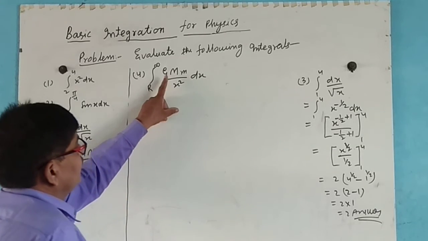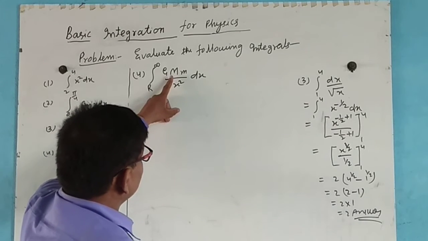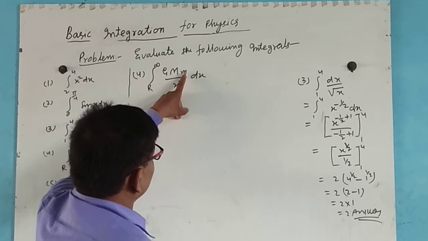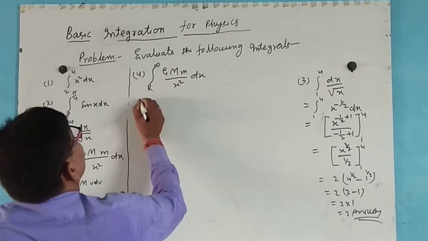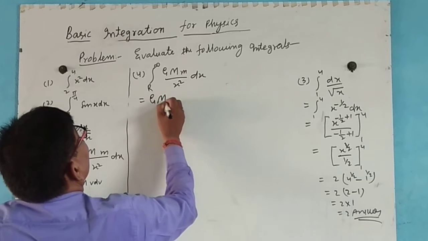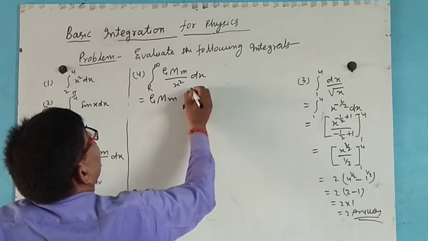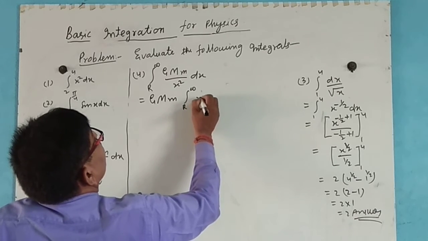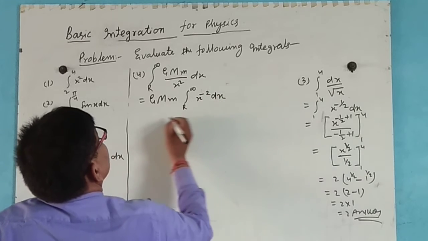Here G is the gravitational constant, M is the mass of the earth or any body, and this is also mass, so these quantities are constant. G M integration of r to infinity x to the power minus 2 dx.